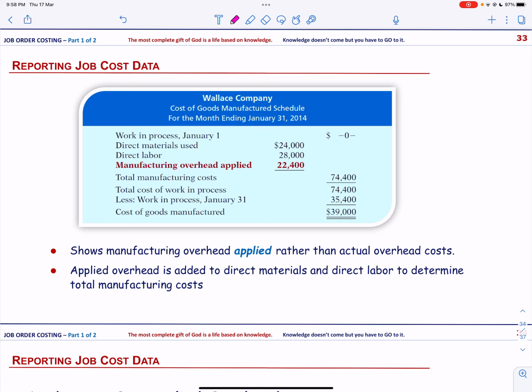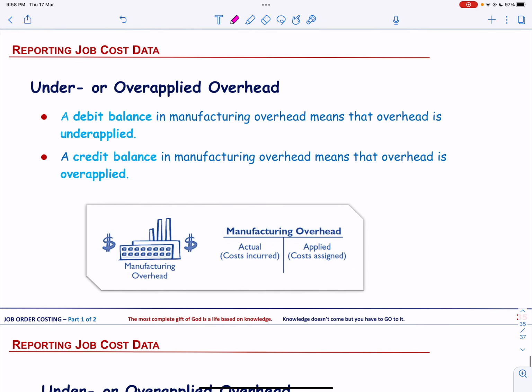At the end of a period, companies prepare financial statements that present aggregate data on all jobs manufactured and sold. The cost of goods manufactured schedule in job order costing has only one exception. The schedule shows manufacturing overhead applied rather than actual overhead cost. Let us now talk about the concept of under or over applied manufacturing overhead.